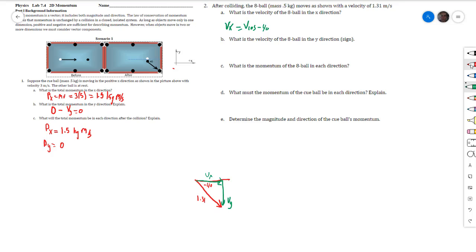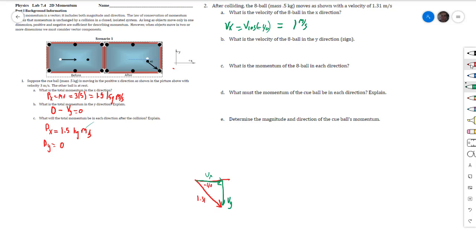And if I do that, I get 1.31 times the cosine of negative 40, which is 1. The negative doesn't affect that at all because we're in the fourth quadrant and cosine is positive there. So vx is 1.31 cosine negative 40, which is 1 meter per second.